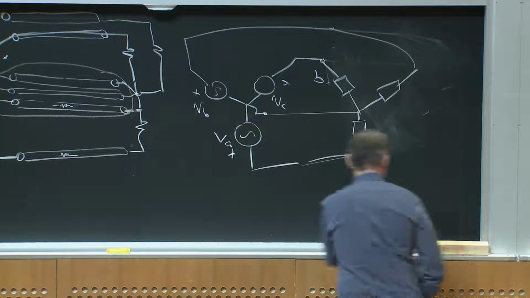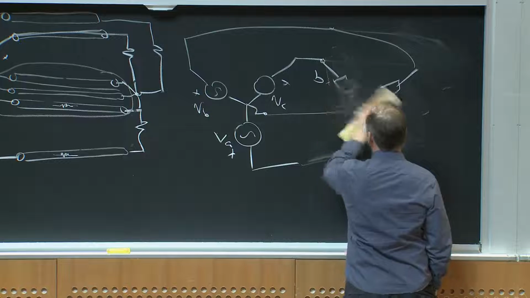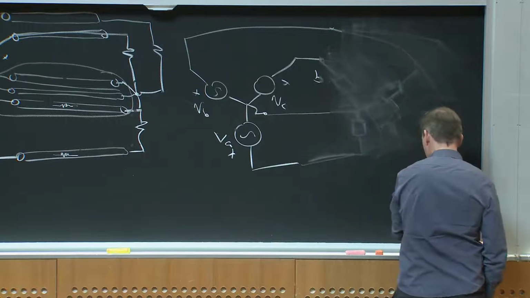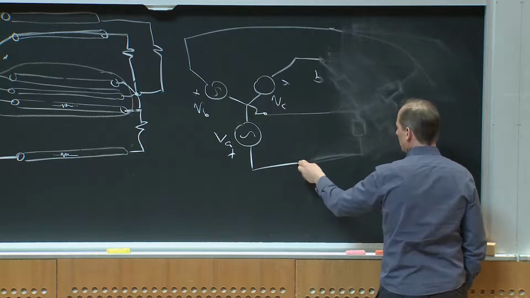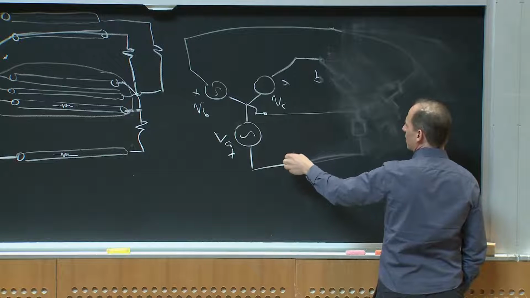Actually, no. Let me back up on that. Let me do the delta connected load. It's actually easier to see in delta. Sorry. It applies either way, but suppose I do this.